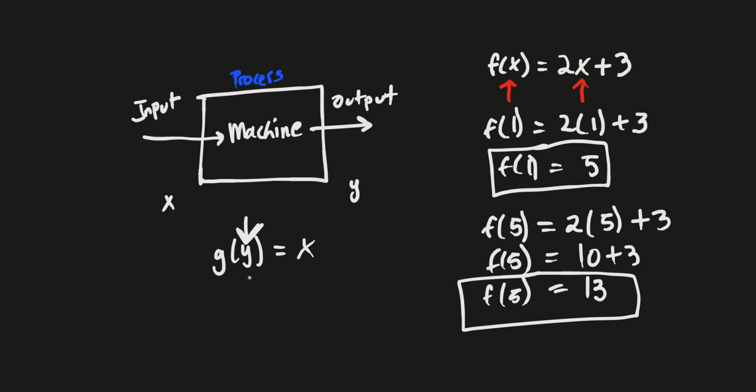So the inputs are actually y terms, and the outputs are x terms. This is a different kind of function that you will be seeing later on. In this case, you're inputting the y value and getting out the x value. But we're not going to worry about that here. This is a topic for another video.